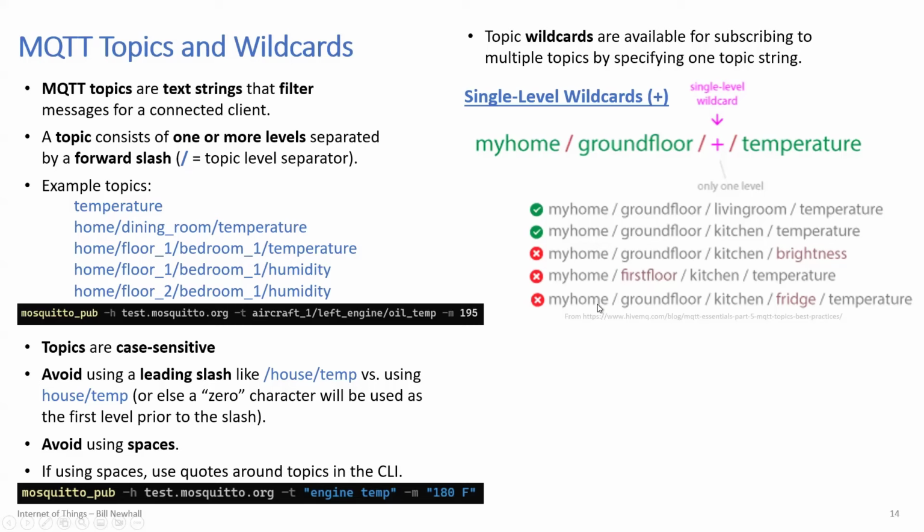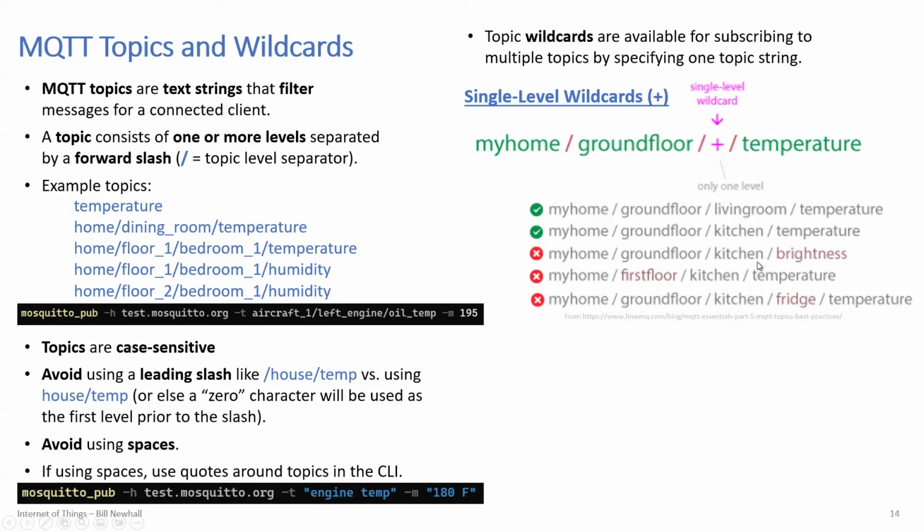Or let's see what else here. Fridge instead of temperature. You won't receive this message or the messages associated with this topic because of the extra level in here. Right? Even though there's temperature at the end, kitchen matches up with that single level wildcard, but fridge does not match up with this temperature.